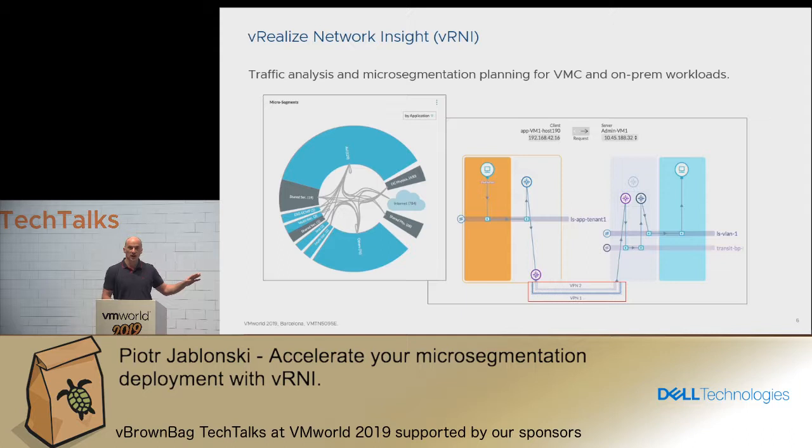Apart from that, vRNI can provide you a topology view, not only on-prem, but also in cloud, in a hybrid environment, and can visualize the flows between different environments, not only the virtual environment. Please note that vRNI doesn't need NSX. You can deploy it as it is in your physical part of the data center or the virtual one. You don't need NSX for that.